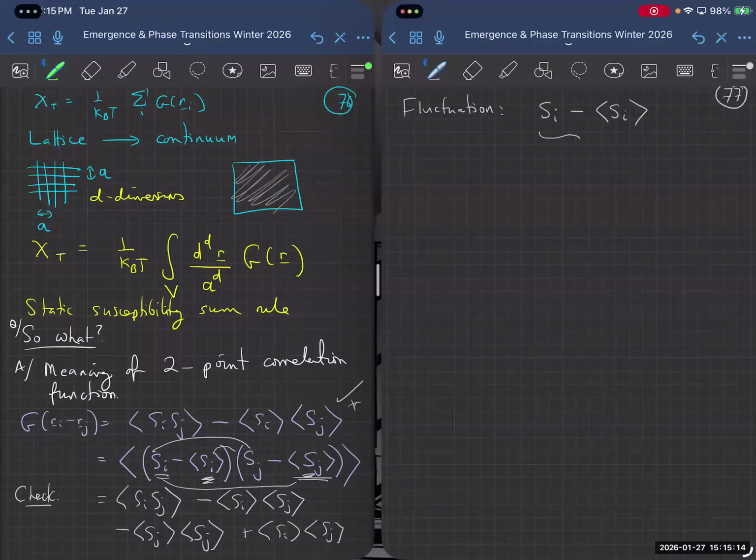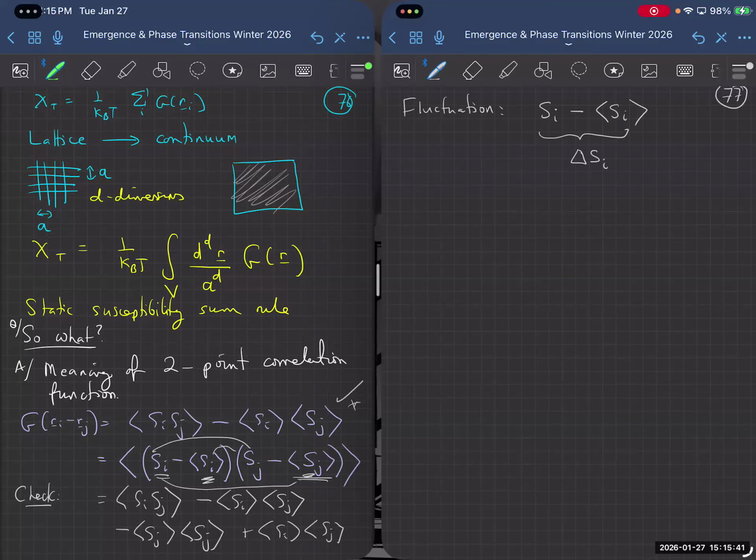And this thing is what I call the fluctuation at the site i. So that's delta S_i. And that was the thing that we neglected when we derived the mean field theory. When we did mean field theory, we wrote out the Hamiltonian in a clever way. And then we made it into mean field theory by saying, we're just going to throw away all the fluctuations.